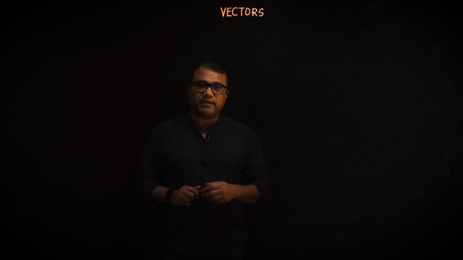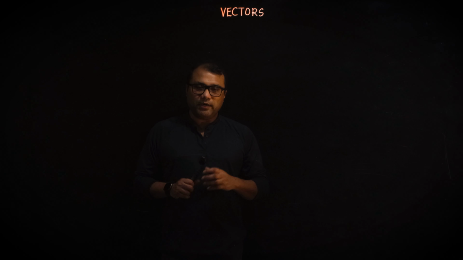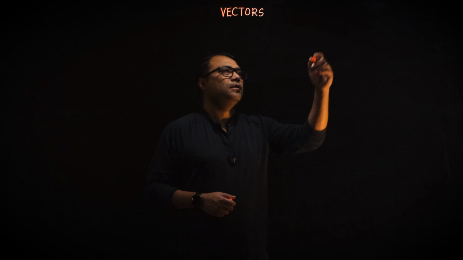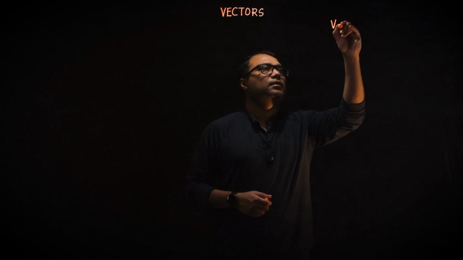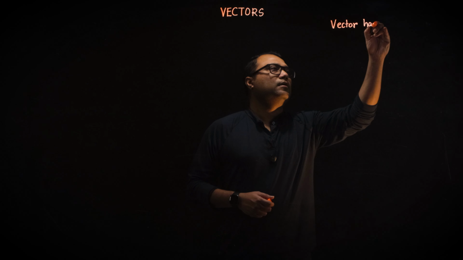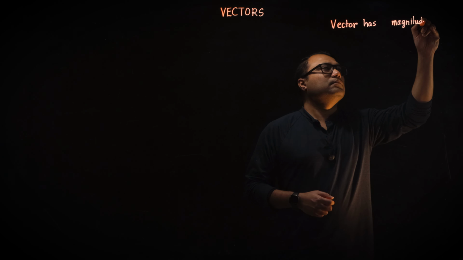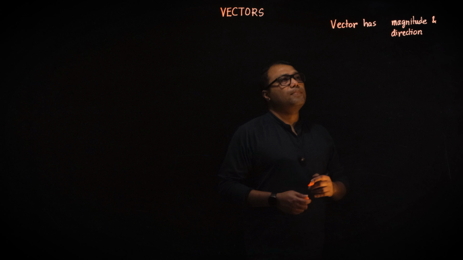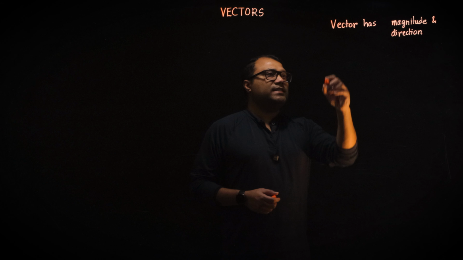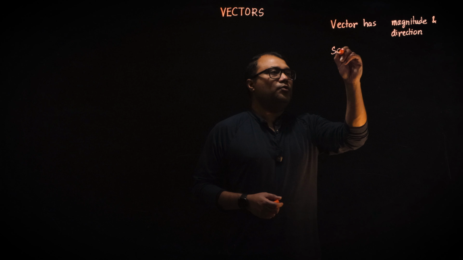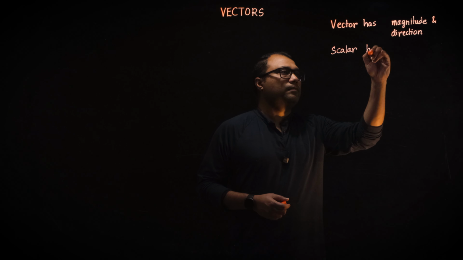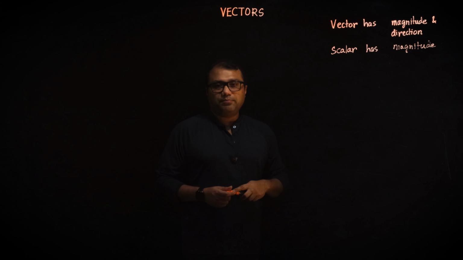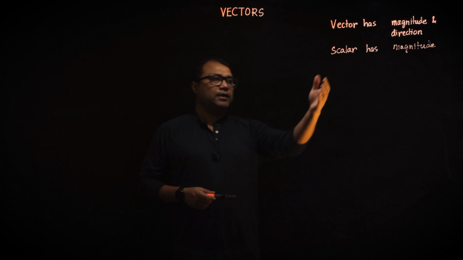First of all, what is a vector? A vector is any quantity that has both magnitude and direction. Whereas scalar quantities only have magnitude. A few examples: mass is a scalar quantity.